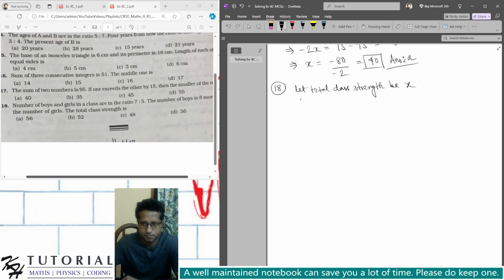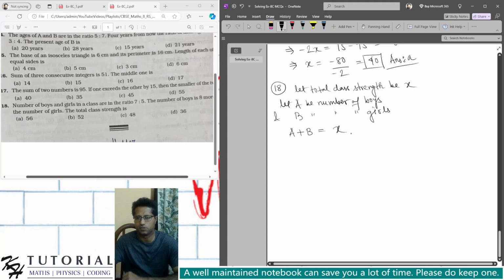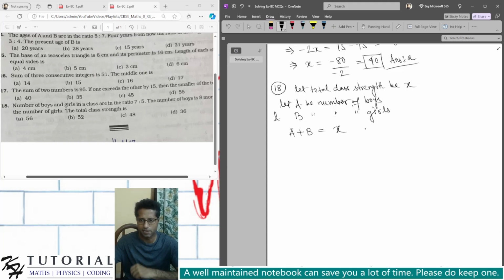So let's say let A be the number of boys and B be the number of girls. So we have A plus B is equal to x, because we have assumed the total class strength, which is the number of boys plus the number of girls, to be x.